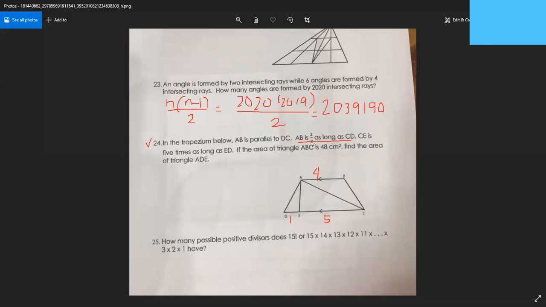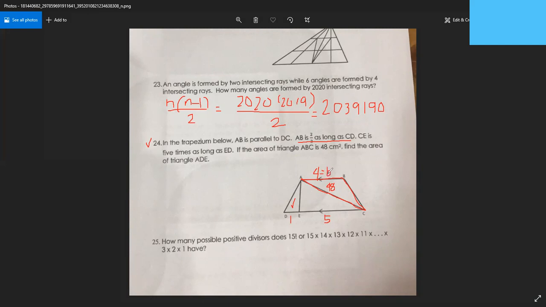Now, the area of triangle ABC, this triangle that I am tracing right now, is actually 48 cm squared. Find the area of this triangle. The thing here is that the area of a triangle is base times height divided by 2, correct? In this given triangle, 4 here is the base.